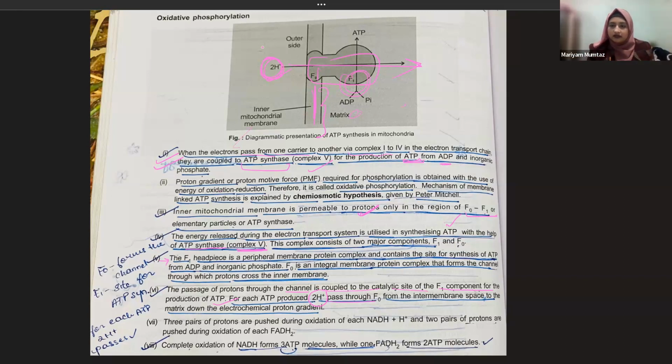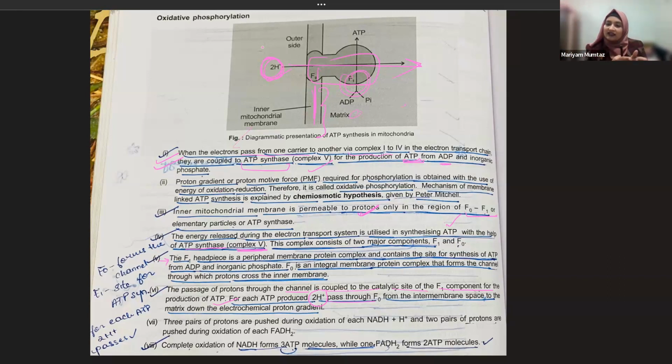Proton gradient. See, whenever the electrons are circulated either through the photosystems, photosystem 1, photosystem 2, or through the ETS, there are electrons also made during the processes, and then there are protons also synthesized. So the electrons go to the ETS to be converted into metabolic water later on.